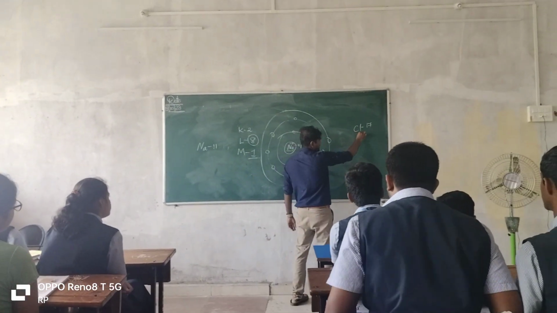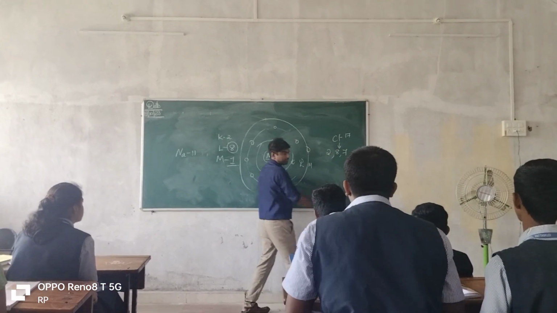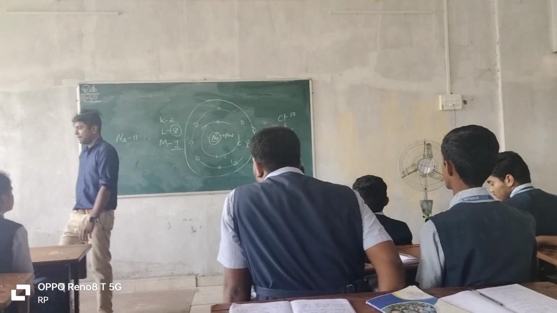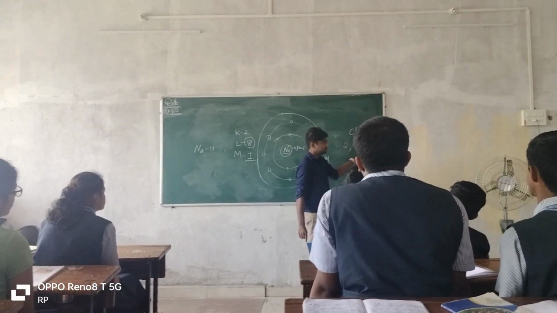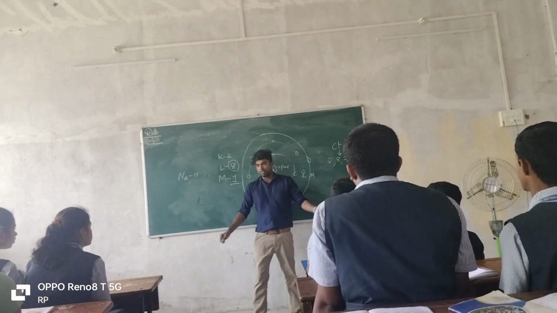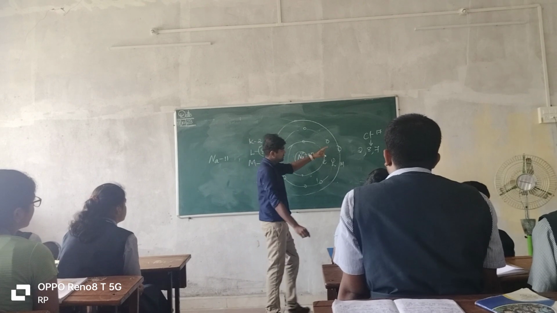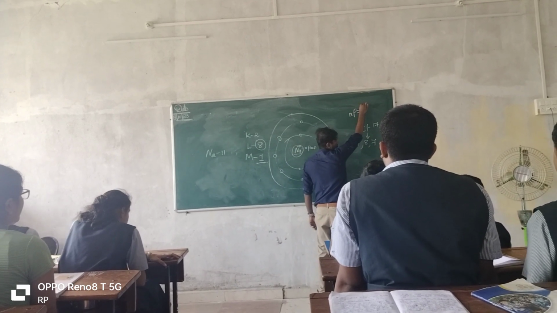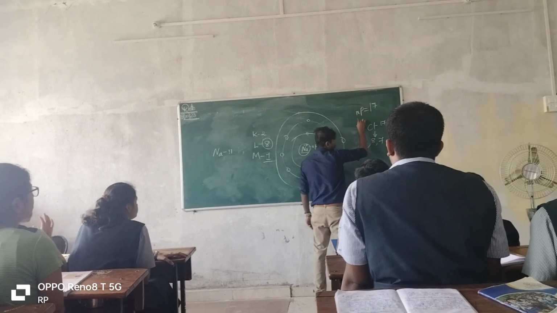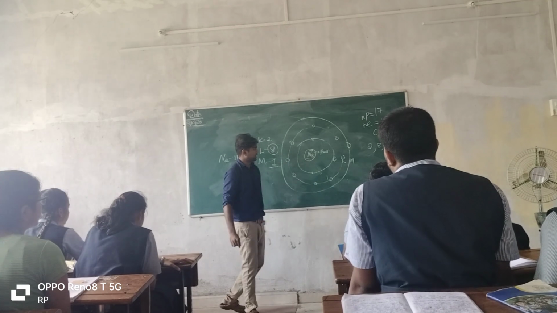And its electronic configuration is 2, 8 and 7. Did you notice here? The electronic configuration of chlorine is 2, 8, 7, and the number of protons is equal to 17. Number of electrons is equal to 17. Correct now? It is okay.